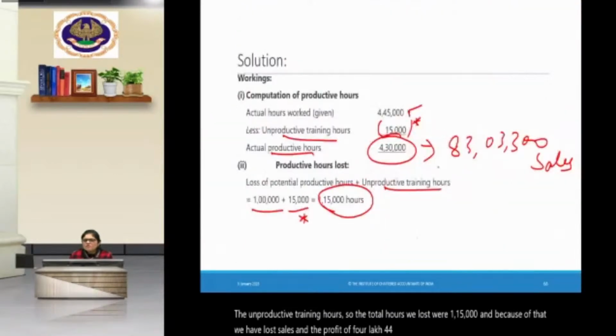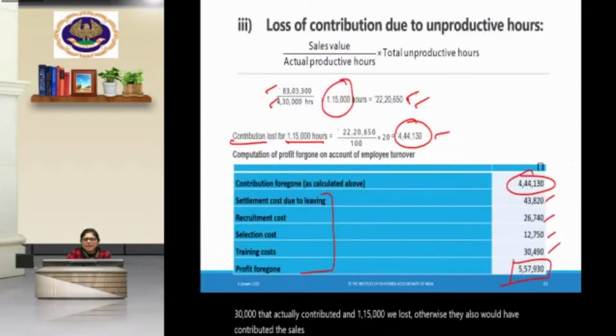So this was the total productive hours 4,30,000 that actually contributed, and 1,15,000 we lost. Otherwise, they also would have contributed the sales of 22 lakh, and hereby we have lost the profit of 4,44,130.